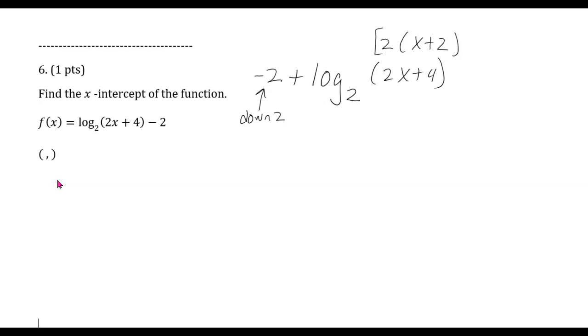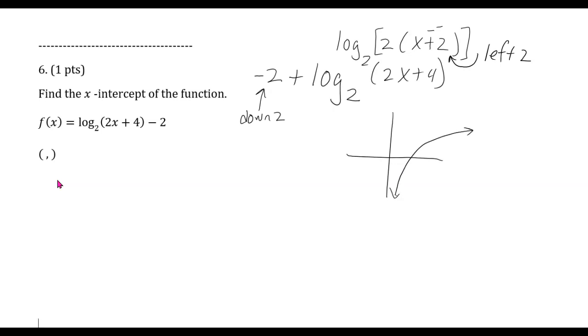Remember that you can think of x plus 2 as a double negative, which means that it's actually moved to the left 2. And it's being stretched horizontally by a factor of 2. So we have a normal logarithm which looks more or less like this. We have shifted it down 2 and left 2.